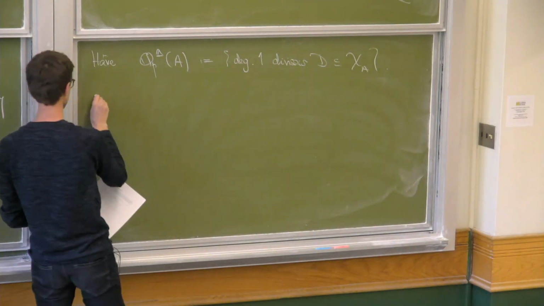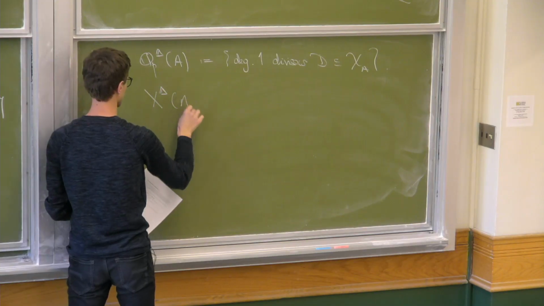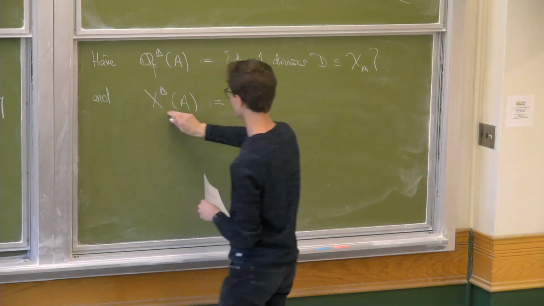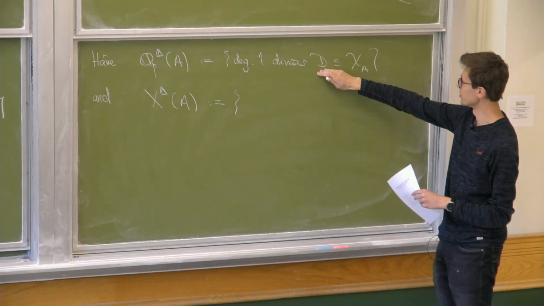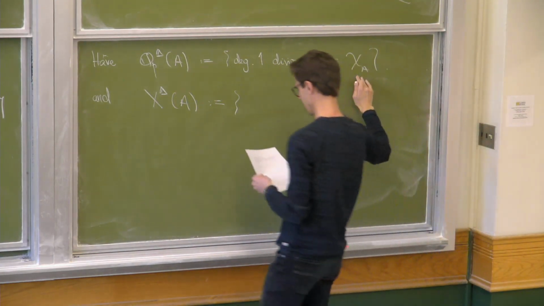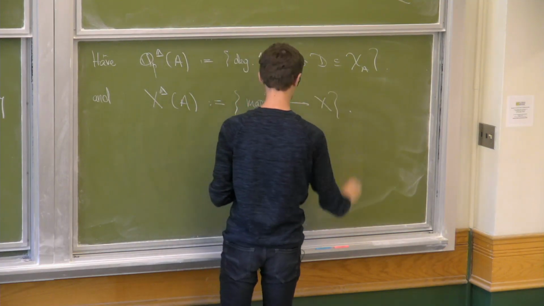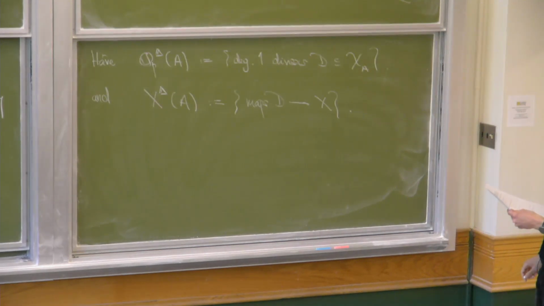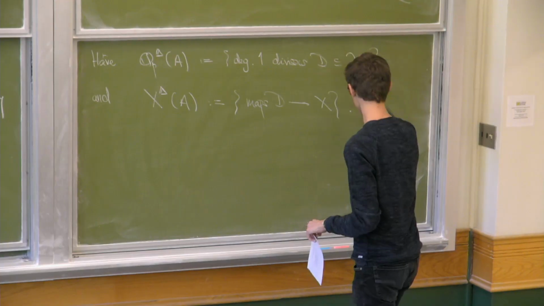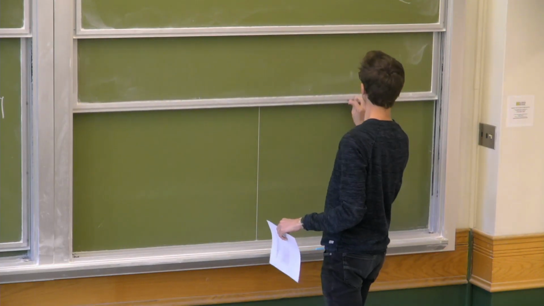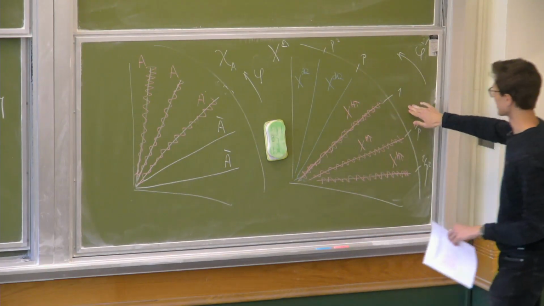Right? And then over this Q_p prismatization, we defined X^prism as, well, first I have to give myself a degree 1 divisor D inside X_A, and then I just parameterize maps from D to X. Okay. Right, now maybe I have to switch. So the picture was something like this.